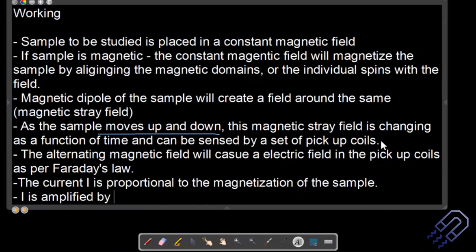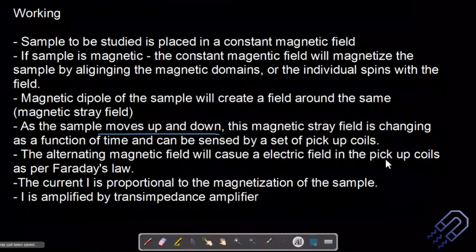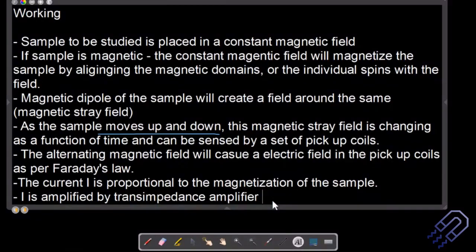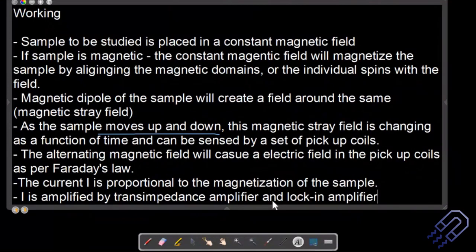There are a lot of devices. There is something called a transimpedance amplifier, which basically depends on the impedance property of the input. And there is also something called a lock-in amplifier. We are not studying this here, but we can remember this term. This lock-in amplifier is basically used.